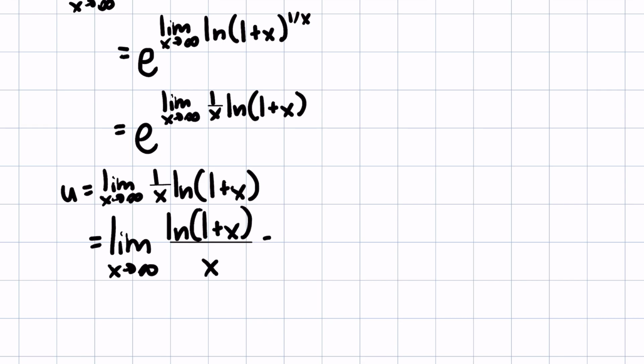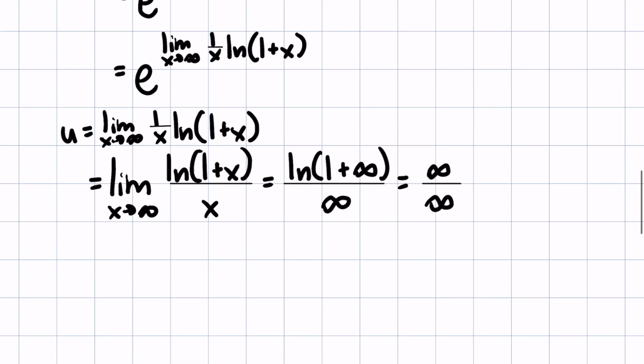Now when we plug in infinity, we have the natural log of 1 plus infinity over infinity. And the natural log of infinity is just infinity. So now we have infinity over infinity. All right, so now this is in a form we can L'Hopital.